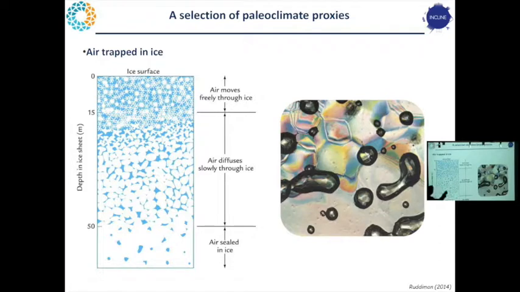As snow deposits on the surface, and as more and more snow deposits in a certain place, the air no longer diffuses readily and freely, but the diffusion gets slower until a certain depth and point in time, if you want, where the air is sealed in the ice.